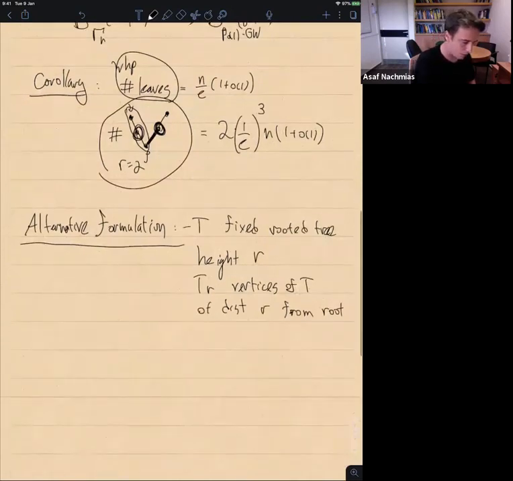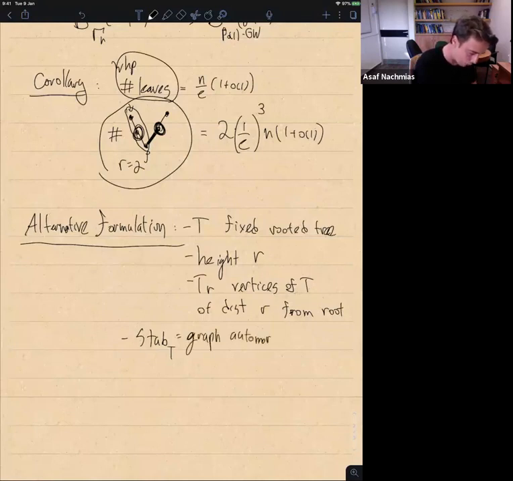There's one more quantity that I have to keep in mind for the formula, which I'll call the stabilizer of T. This is just the set of graph automorphisms of T to itself, fixing the root.